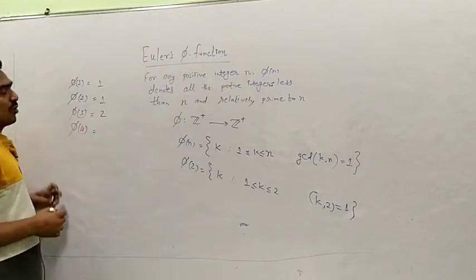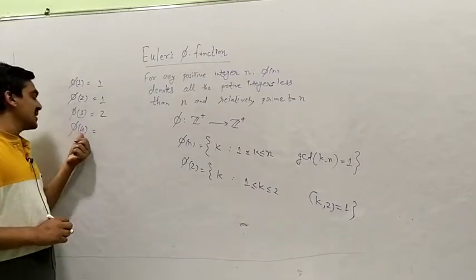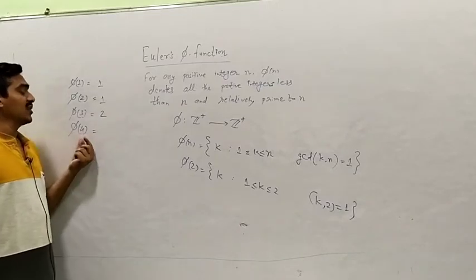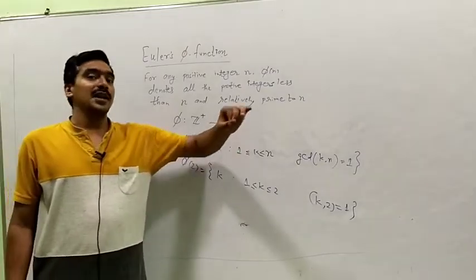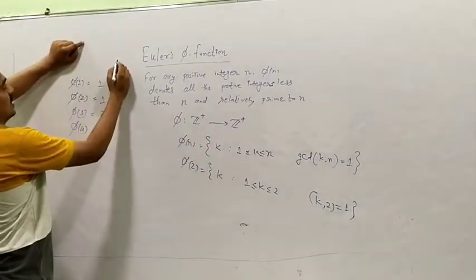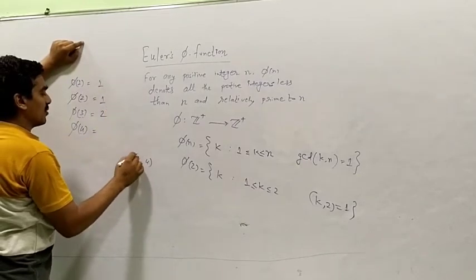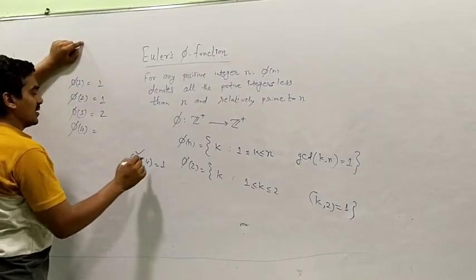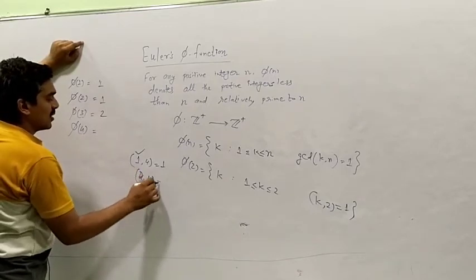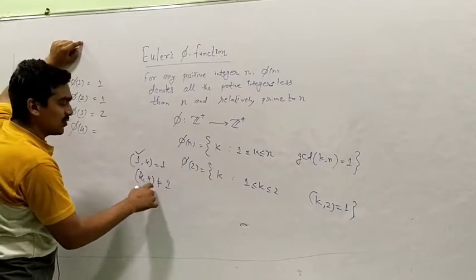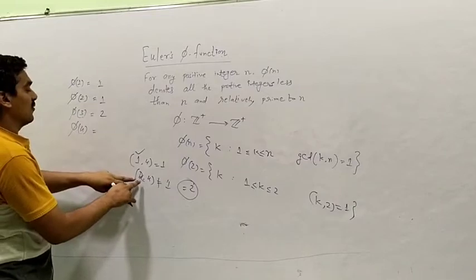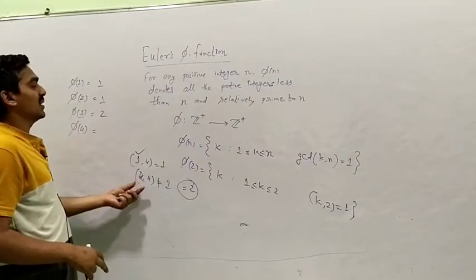What about phi 4? How many positive integers less than or equal to 4 are relatively prime to 4? We see that the GCD of 1 and 4 is equal to 1. The GCD of 2 and 4 is not 1; it is 2. Therefore we cannot include this number in this set.